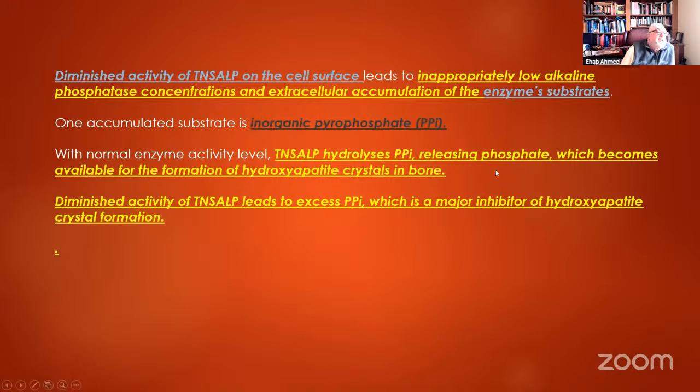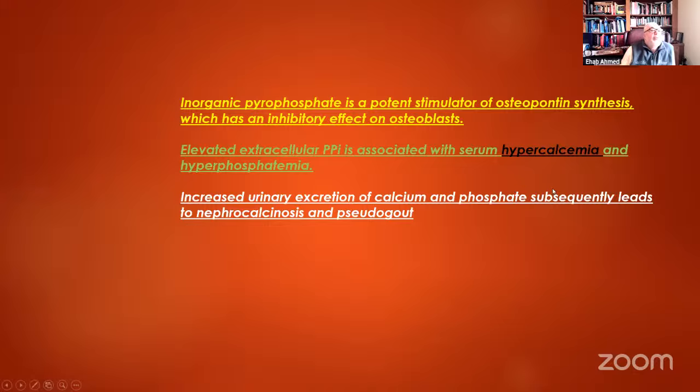So if it is deficient, the bone will be deficient, and the PPi will be elevated. So we have hypercalcemia, we have hyperphosphatemia, we have elevated PPi, we have low alkaline phosphatase.